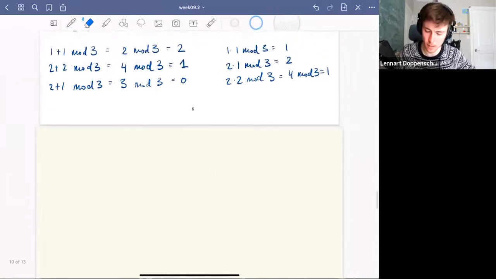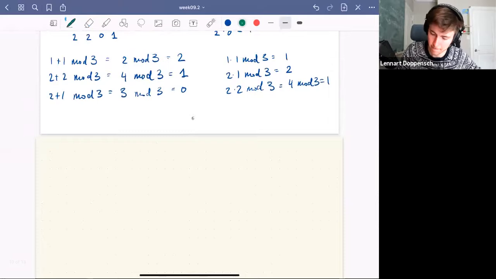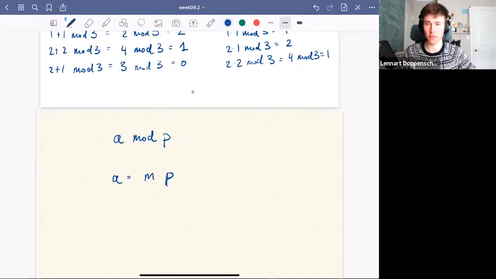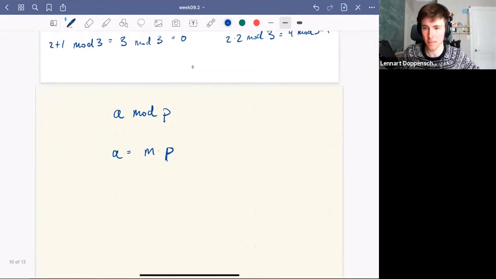So modulo is if you compute, say, a mod p, what is this? a is a multiple, so this is m times p if it's a multiple, but this is not true for all the a's, because if it's not a multiple of p, then you can't do this.